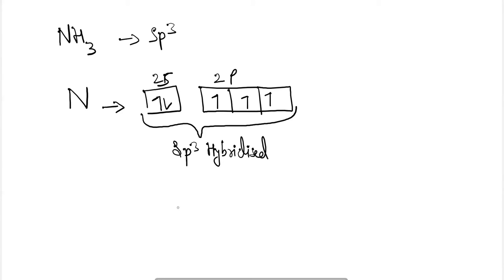So for nitrogen, what will happen here? The change will be that one hybrid orbital will contain the lone pair of electrons.